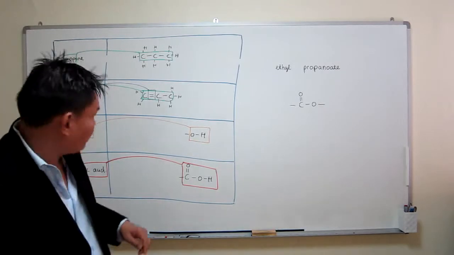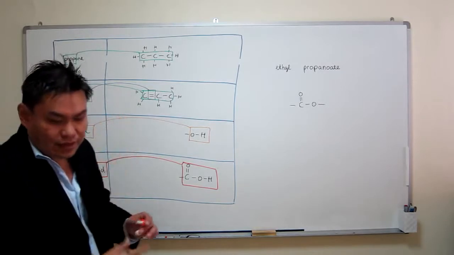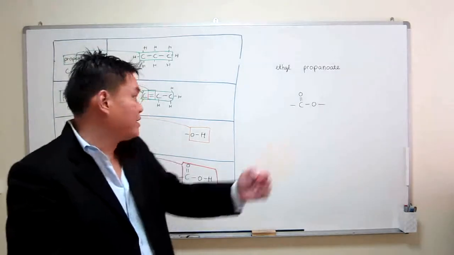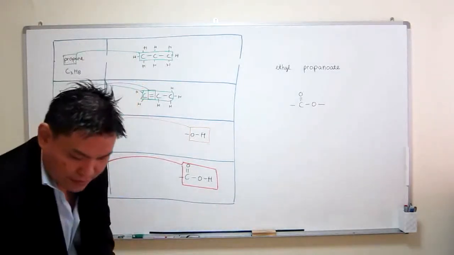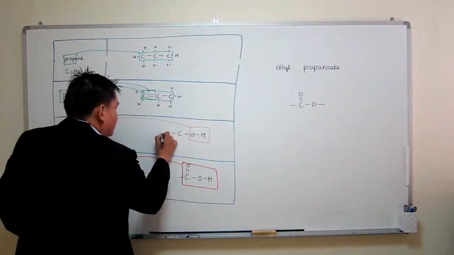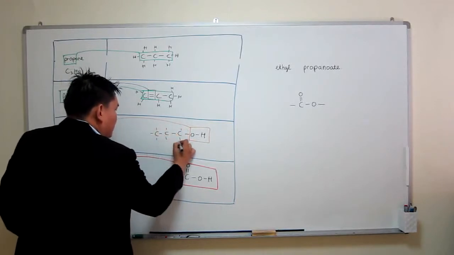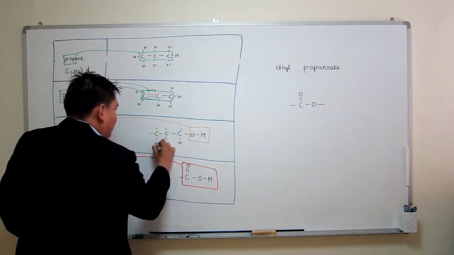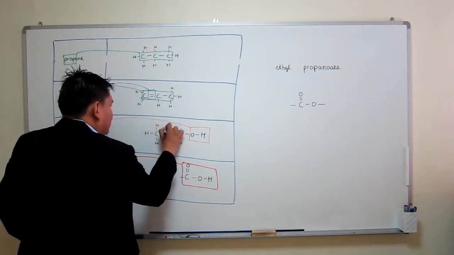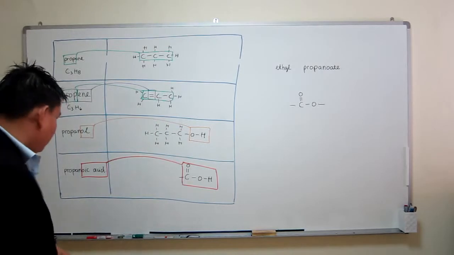The next one, propanol, contains OH, and it must contain 3 carbon. So we must draw 3 carbon connected to it, and the rest, of course, you must plug in all the hydrogen. Right?